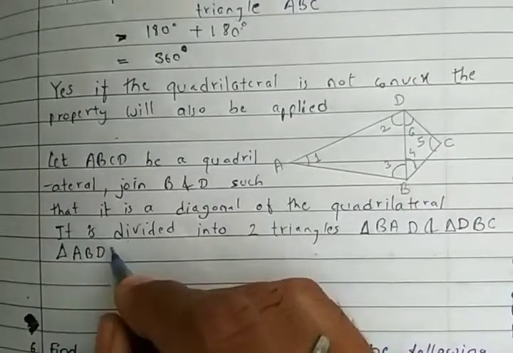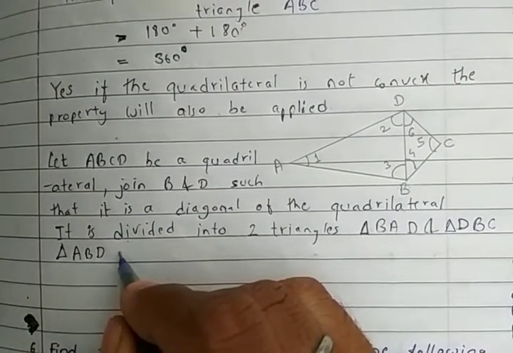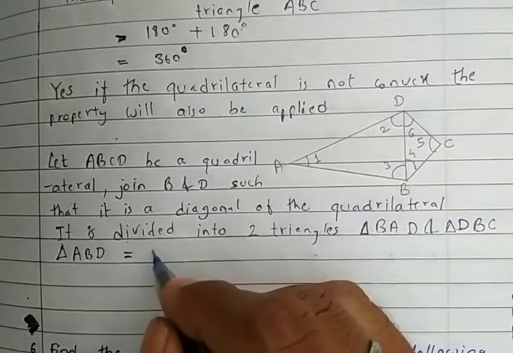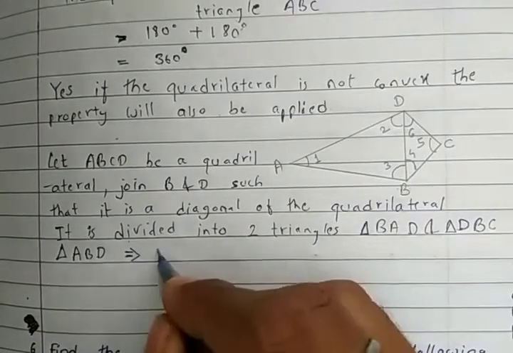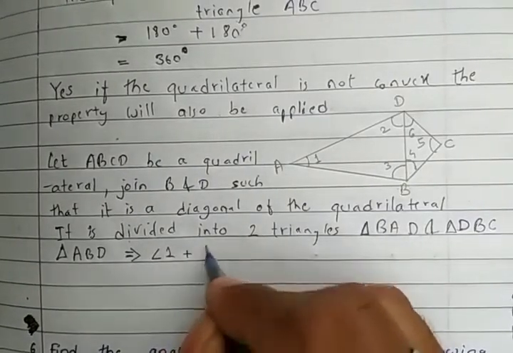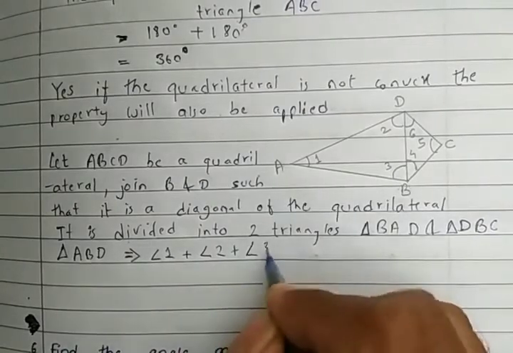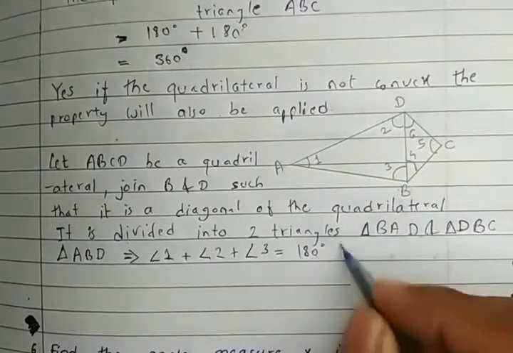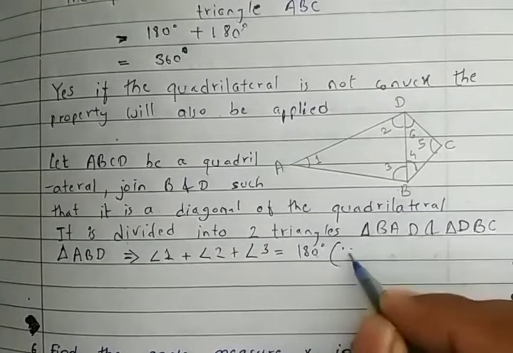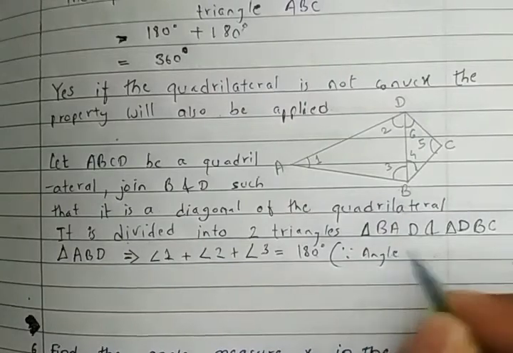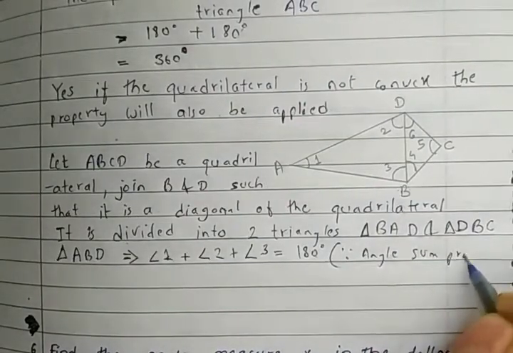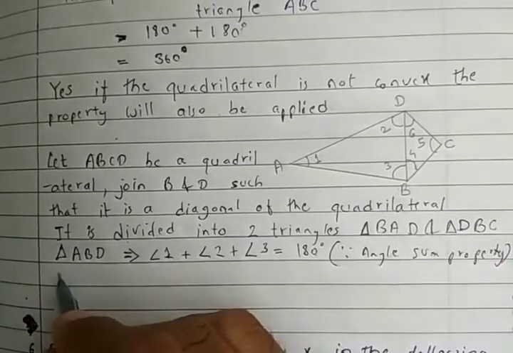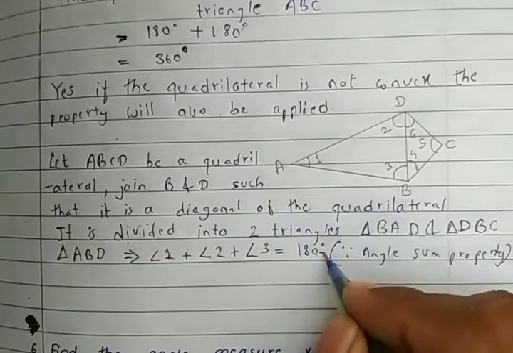The sum of these interior angles, angle 1 plus angle 2 plus angle 3, is equal to 180 degrees due to angle sum property. You can name this equation as equation 1.